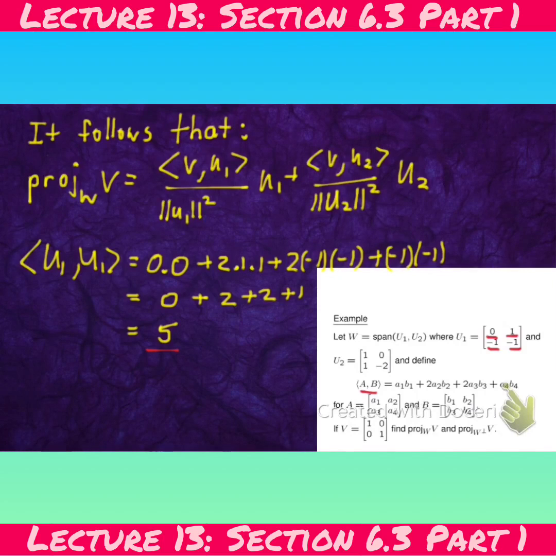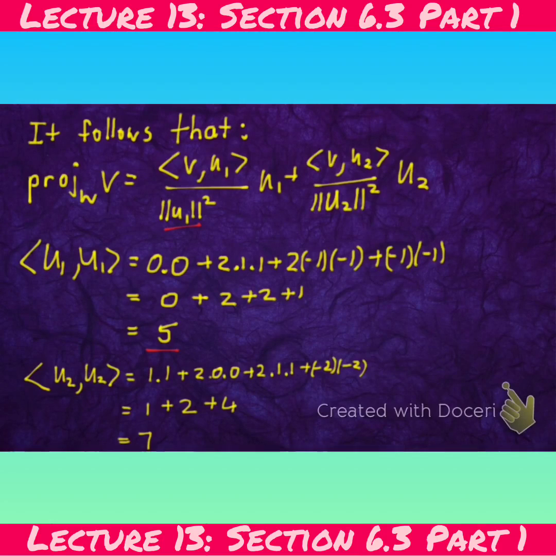So this term that we've worked out is in actual fact 5. Now we need to find the norm of u2 squared, and we can do that by taking the inner product of u2 with itself. Again, this is exactly the same procedure.